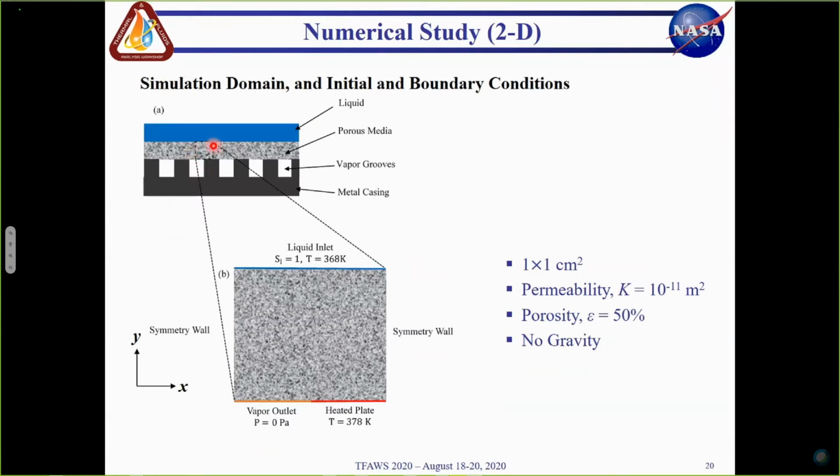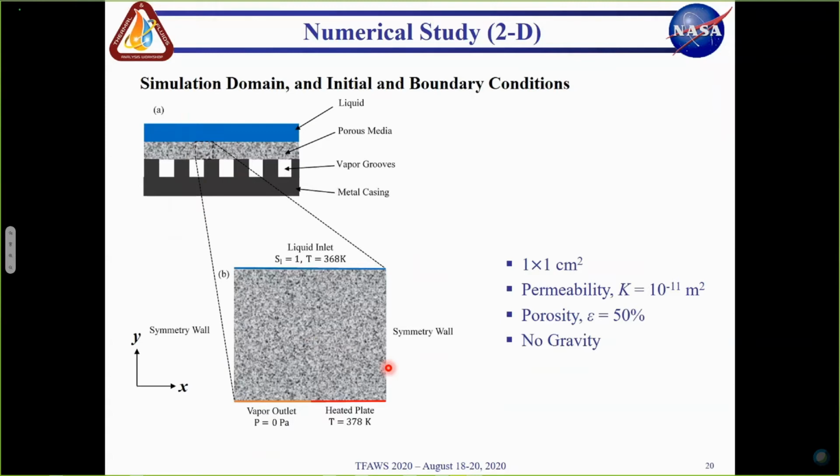Then this is another example, which is a 2D domain, and this 2D domain is from this evaporator section. In this evaporator, liquid is advancing through the porous media, and at the interface of the porous media and the metal casing, liquid is evaporated, and the produced vapor leaves through this vapor groove.